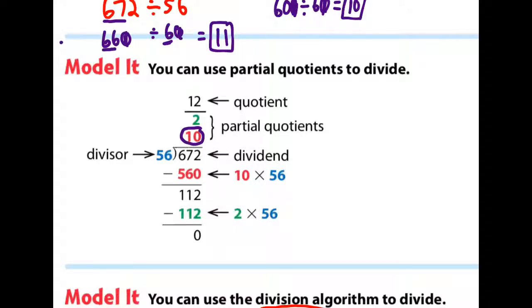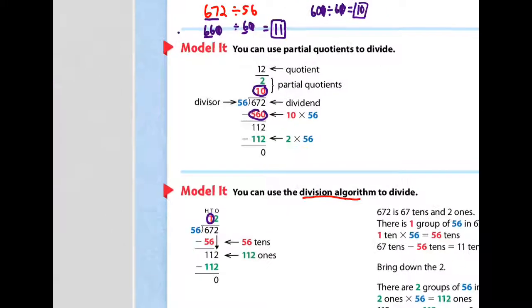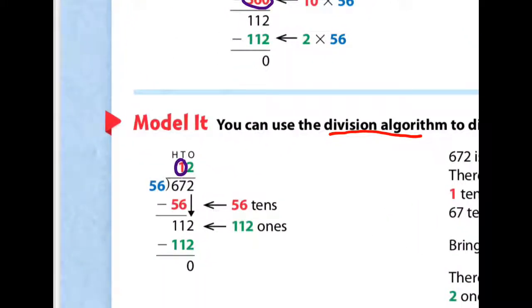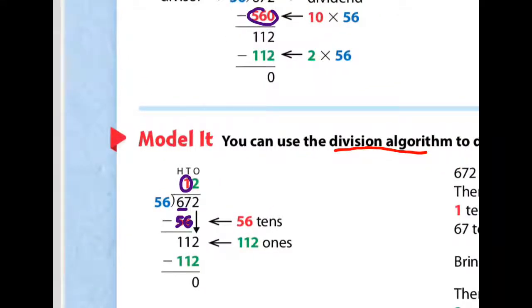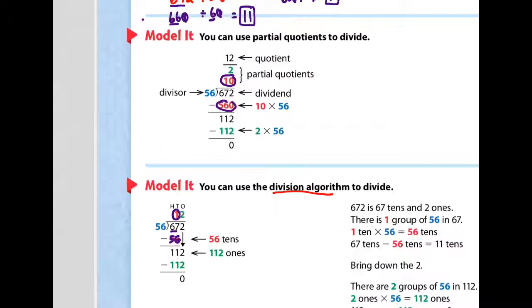Well, remember when we did 56 times 10, we got 560, right? Okay. Down here, when we said 56 goes into 67 one time, well, that's actually not a 1. Because it's in the tens place, it's a 10, right? See how 1 is in the tens place?